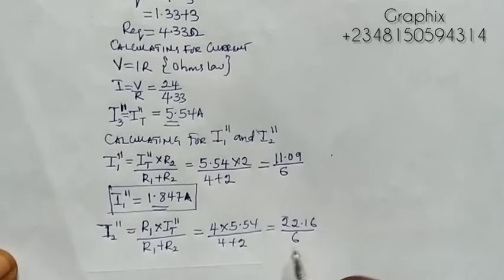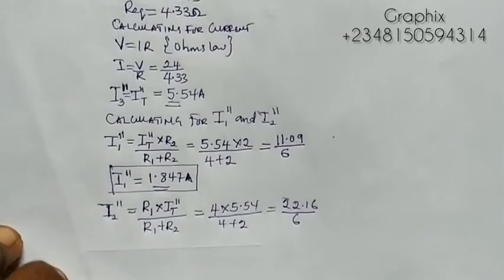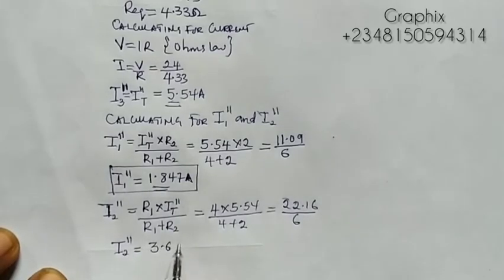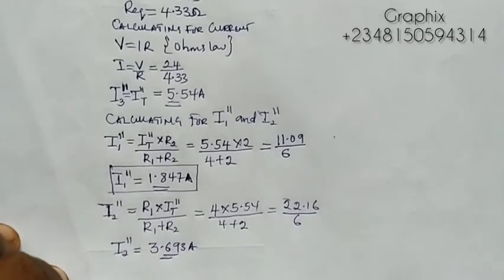So I2 prime prime will now be equal to 22.16 divided by 6, that's 3.693 amperes. So that's what we're having here.